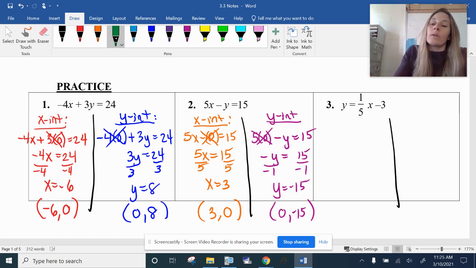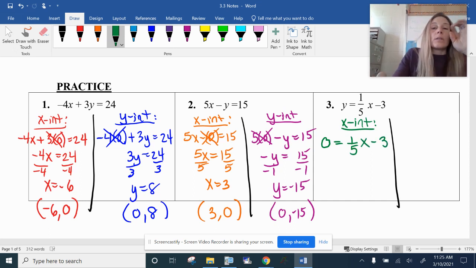And then the next one, I'm going to find my x-intercept by putting in the 0 for the y. Now this one looks a little bit funny because it's not in standard form. So it's already in that function form, but we can still use this method. It's just a little bit easier when it's in standard form.